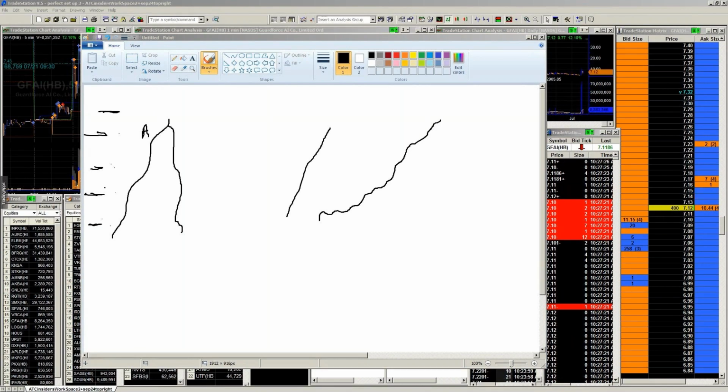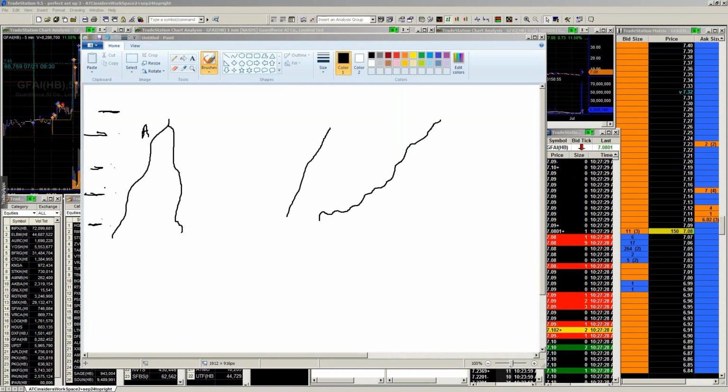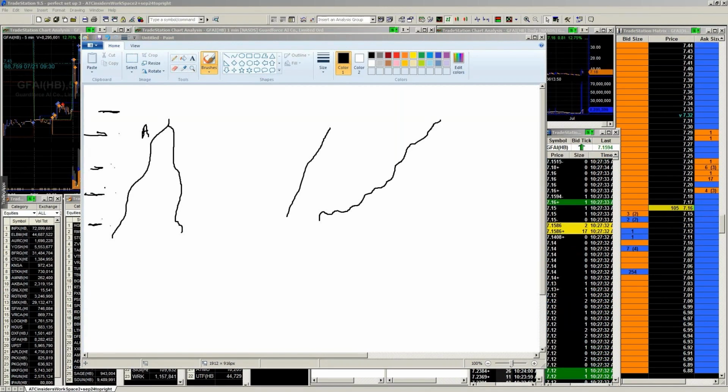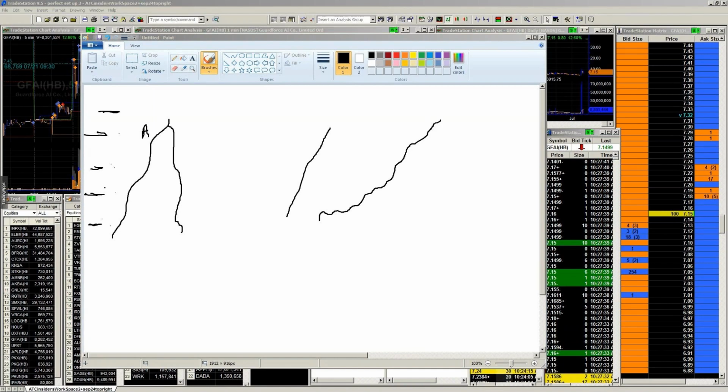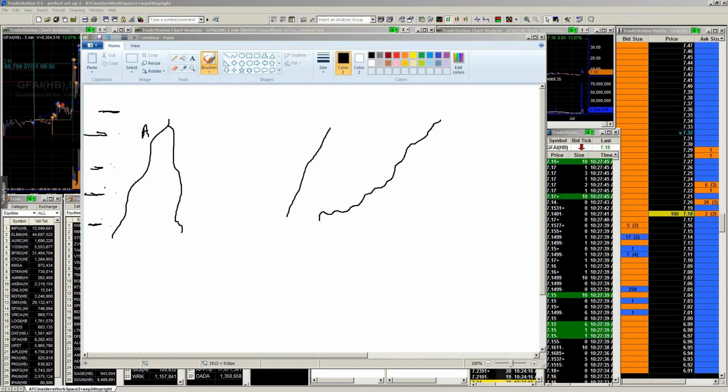Because now when there's no real reason for it to continue, what can we expect to happen? Yeah, it needs to refuel, or we're going to expect the stock to now go back towards its building side of things.